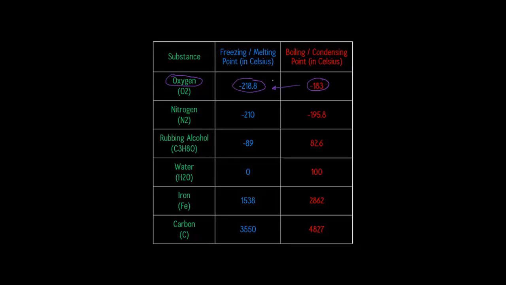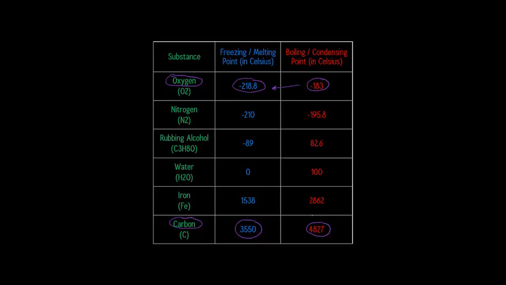Okay, but then you can see other substances such as carbon. Carbon requires a lot of heat energy, and again, that's why it's a solid at room temperature, and it requires a lot of heat energy, 3,550 degrees Celsius, just to get it to melt, and then even more heat energy, 4,827 degrees Celsius, before it can boil into a gas.